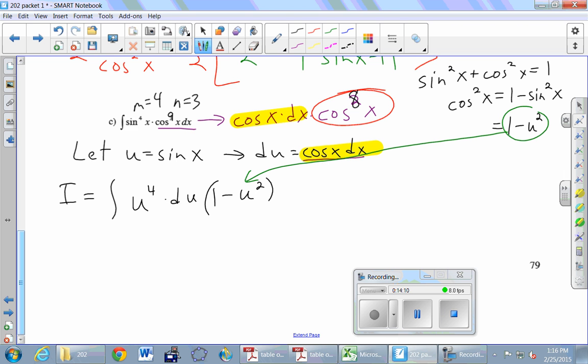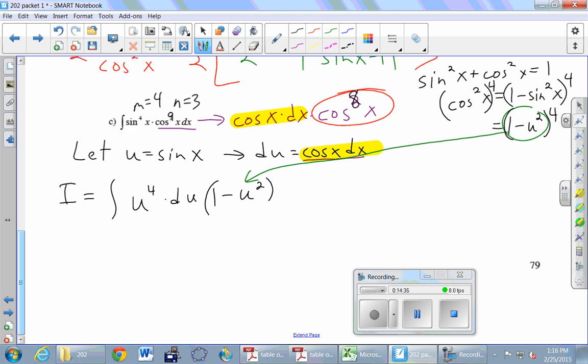That's now 8 of them left over. Cosine squared, we can raise that cosine squared to the 4th power, right? And that's our 8 of them. And so this guy is to the 4th power. And so it's a little bit annoying. You have to distribute 1 minus u squared, but it's still just a big old polynomial.